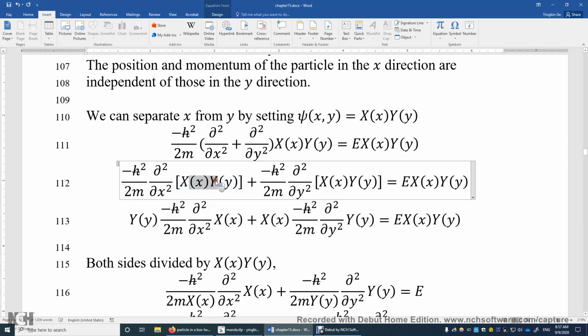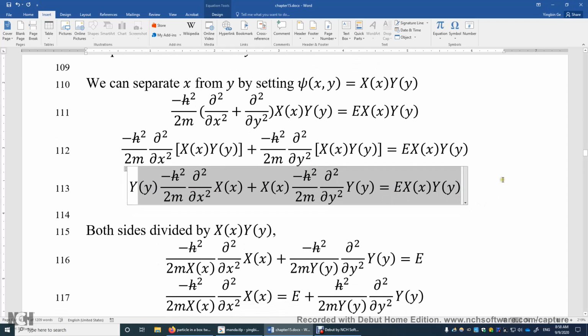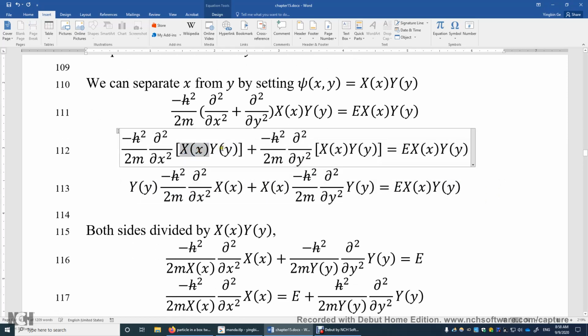So we can take the function Y out of the second derivative with respect to the position x. Also, over here, we can take the function X out of the second derivative with respect to the position y. So we got this equation. Again, we are assuming X does not depend on y, and Y does not depend on x.